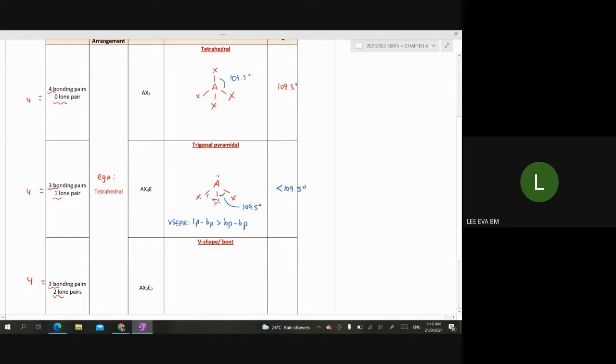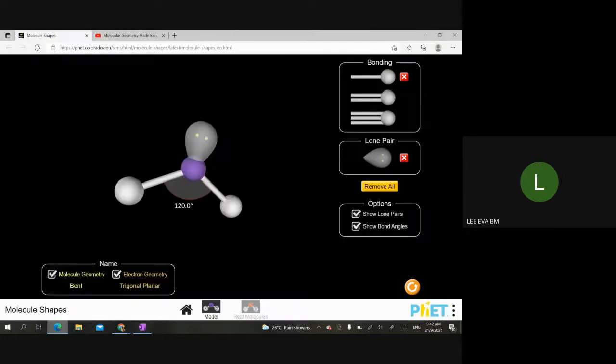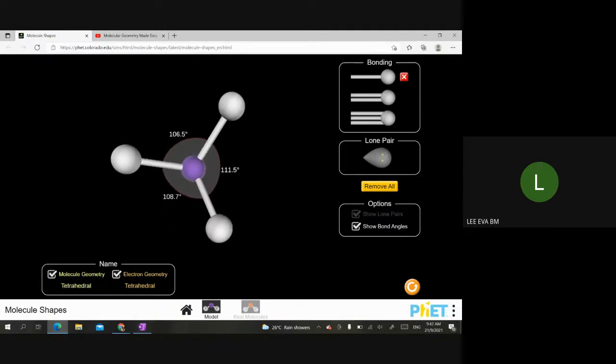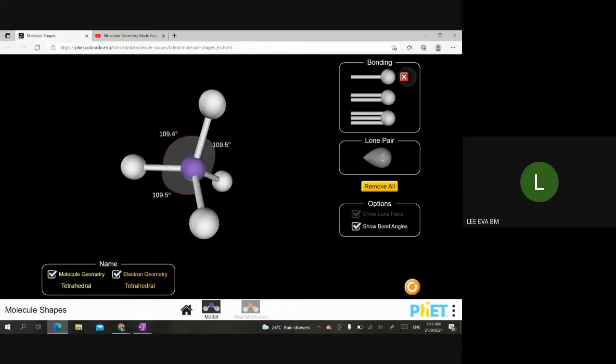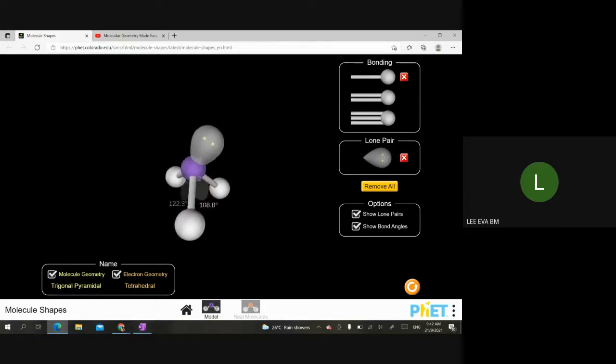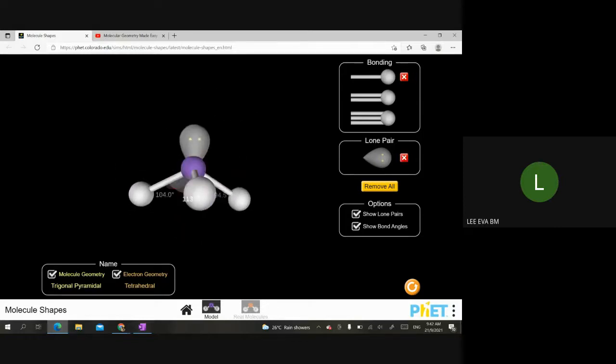Okay, so what do we say it is trigonal pyramidal if you look back at the shape over here? Kalau tak ada lone pair, dia punya shape adalah tetrahedral. So looking at the left bottom here, tetrahedral. But what if I replace one of the surrounding atom with lone pair? So now you can see the shape looks like a pyramid, a small pyramid, but it has 3 legs, so trigonal pyramidal.